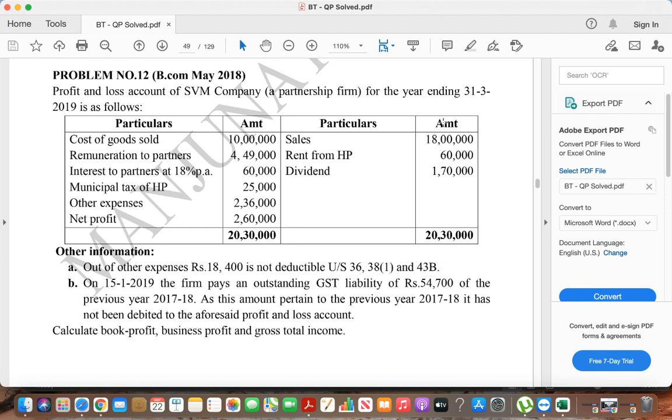Next, dividend, 1,70,000. Both side total, 20 lakhs 30,000.